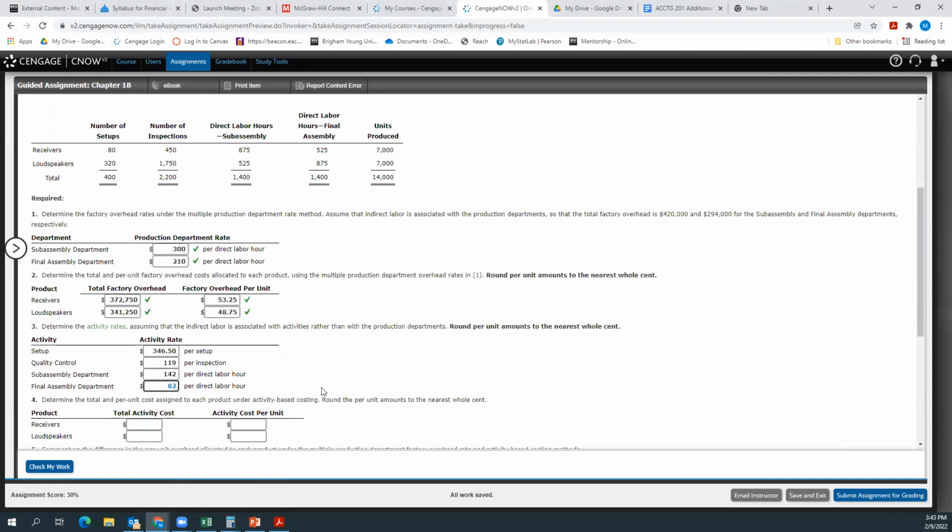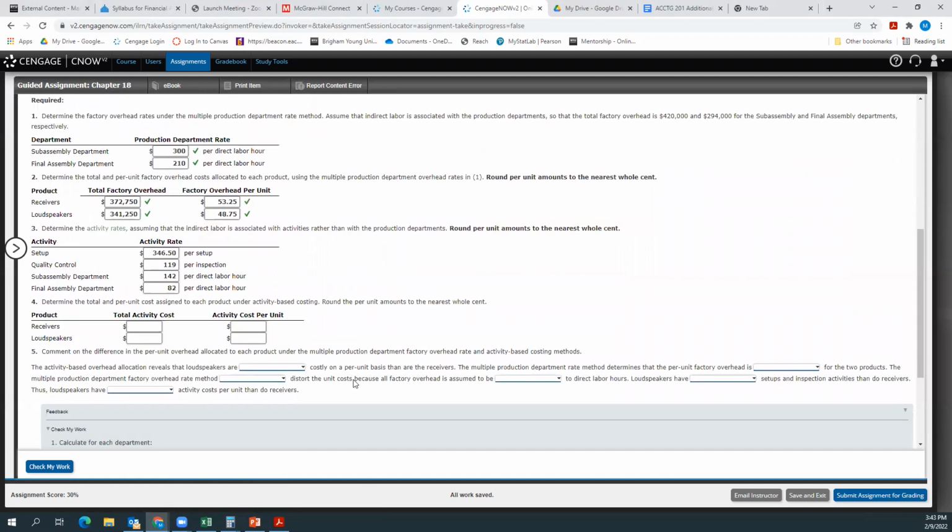Okay, so now they want us to determine the total and per unit cost assigned to each product under an activity-based costing method.